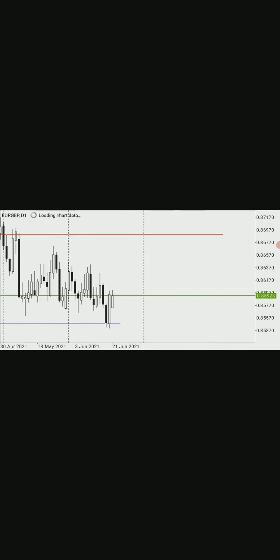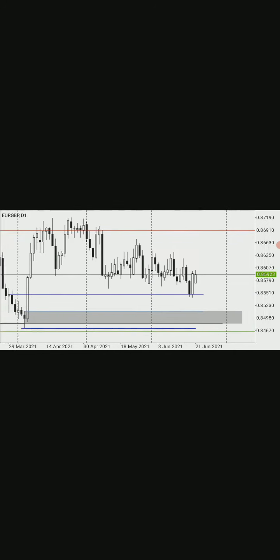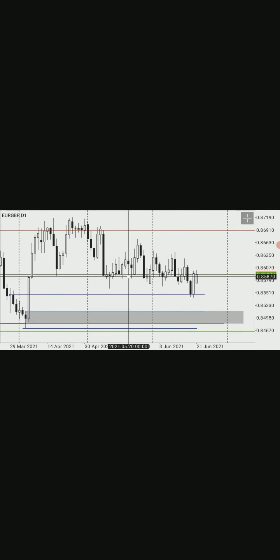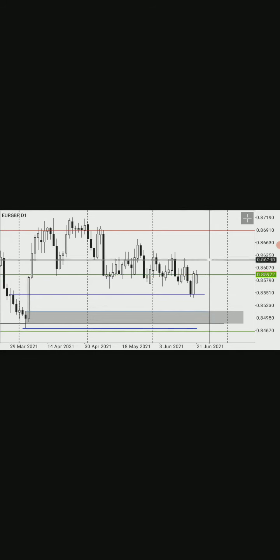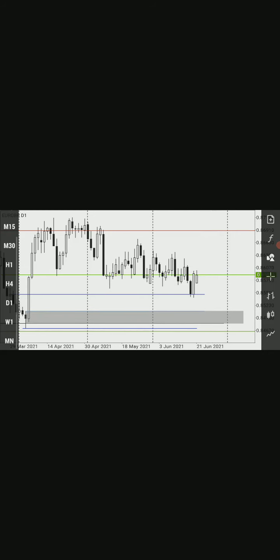Although ultimately I'm looking to sell this particular pair, because right now it is having some rejection, like what we marked some time ago during the analysis, on this particular candle right here. So we might see it either going up or taking out this high, which I don't actually expect it to do, but I see it coming just to this particular point here, and then rolling down to this particular point. So let's look at it for the 4-hour time frame.